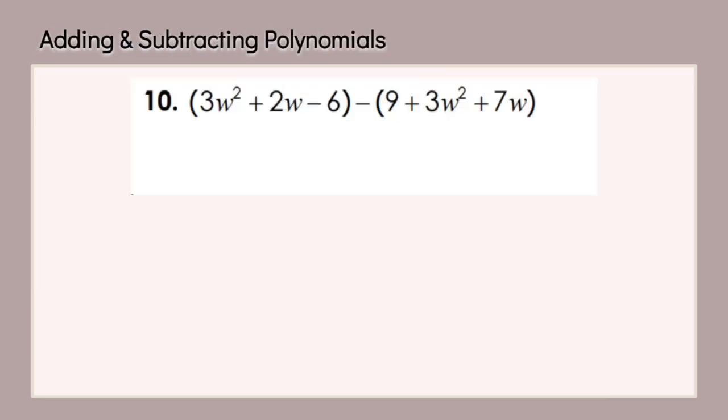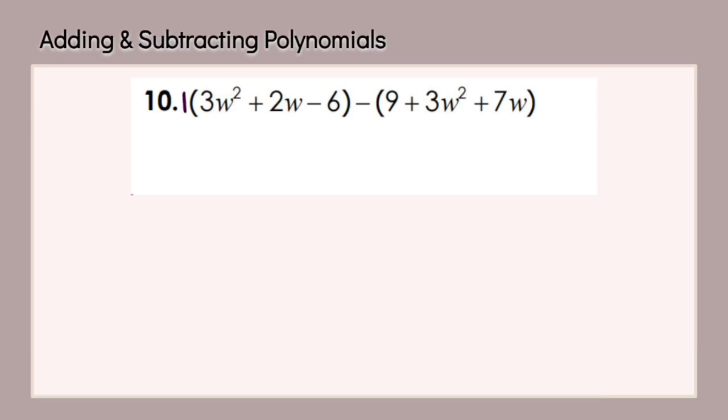When we add and subtract polynomials, our goal is to combine like terms. So in this case, we are doing a subtraction problem. We need to keep in mind that that subtraction applies to everything in the second polynomial. So the easiest way to do that is to just distribute as if that is a -1 in front of the parenthesis.